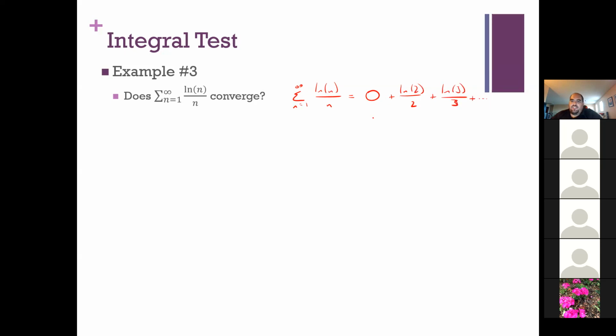So maybe that gives you some intuition on what this series is going to do, but how can I prove it? It's just tending towards 0, right? The sequence is tending towards 0, but remember that doesn't necessarily mean the series converges. So how can I prove one way or another about this series?